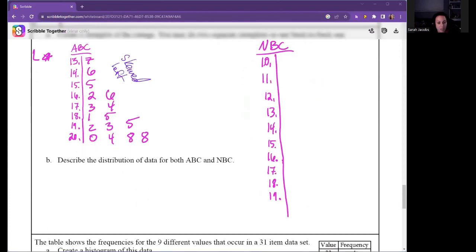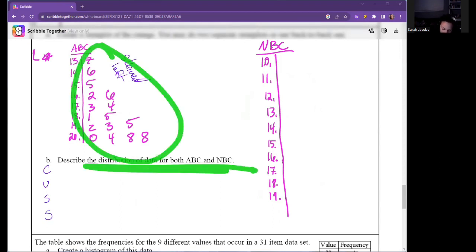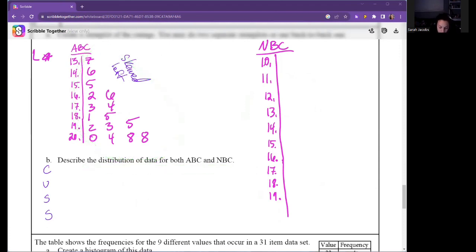When we're describing the distribution, however, remember our acronym of CUS and BS. So the center, we can actually find a center here, and this is a skewed distribution. So let's find the median. There's 1, 2, 3, 4, 5, 6, 7, 8, 9, 10, 11, 12, 13, 14, 15, 16. So we want to find the spot between data point 8 and 9.